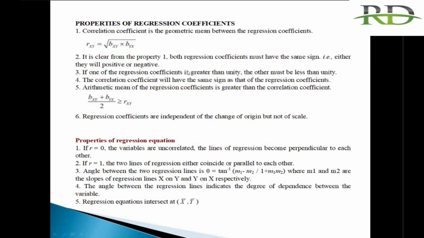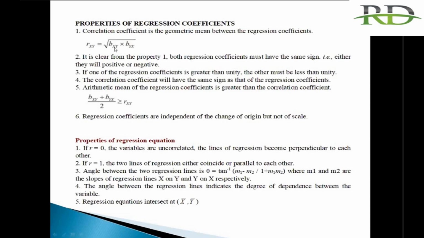And there are always two regression lines, y on x and x on y, because sometimes we are very confused about which one is dependent and which one is independent, because both are impacting each other. So there are always two regression lines. So here b_xy is known as x on y.